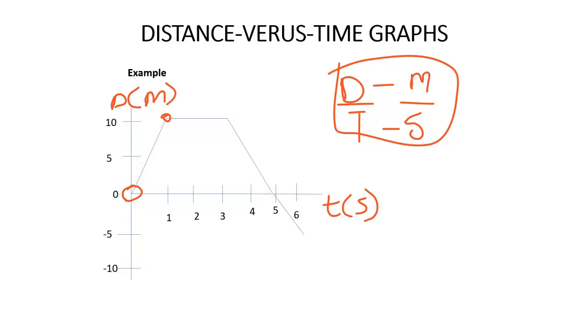So it travels 10 meters in 1 second. But it maintains its position, it did not change this distance, at the same 10 meters, from 1 second to 3 seconds. Then when it got to that 3 seconds, it started decelerating, reducing, stepping down, going back to the origin. From 10 meters, it went back to the origin of 0.